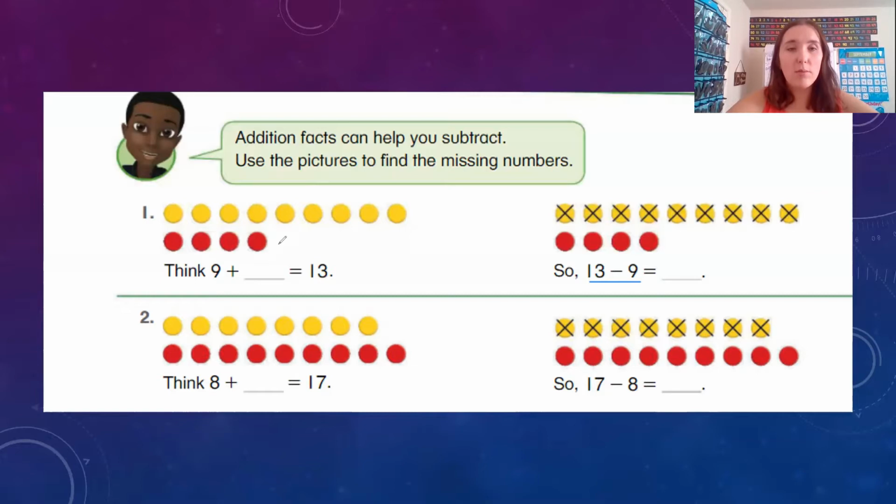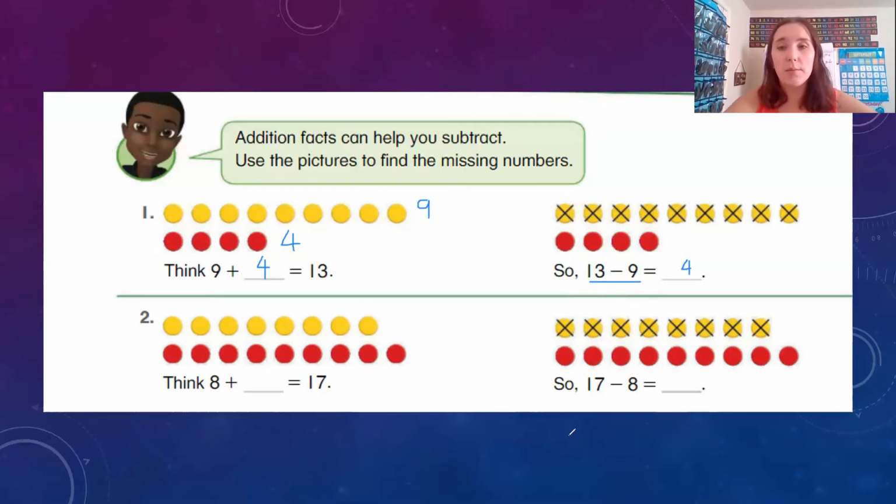So 9 plus 4 more equals 13, which means 13 counters minus 9. If we cross off these 9 yellow ones, we're going to have 4 left. So our missing numbers are the same. We thought about this addition fact to help us solve the subtraction problem 13 minus 9.